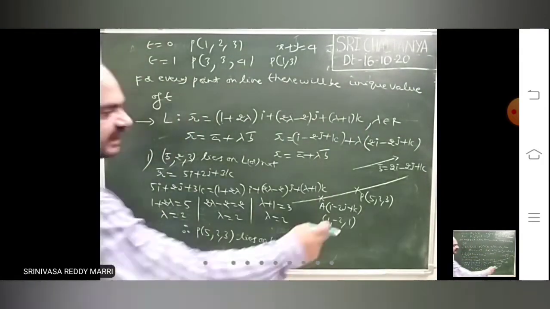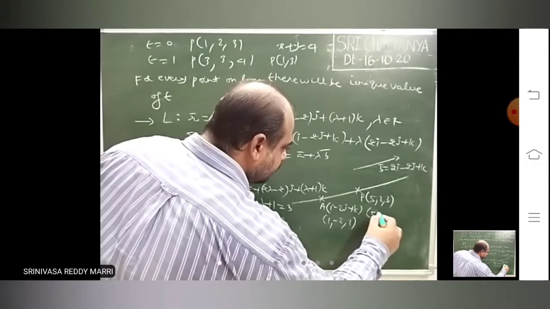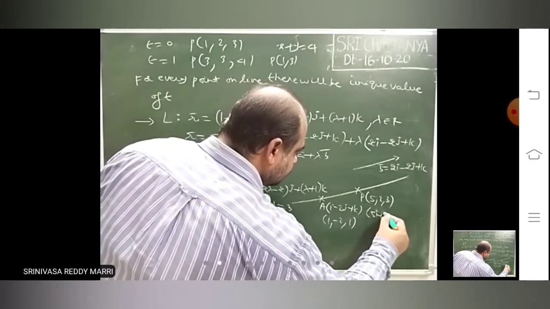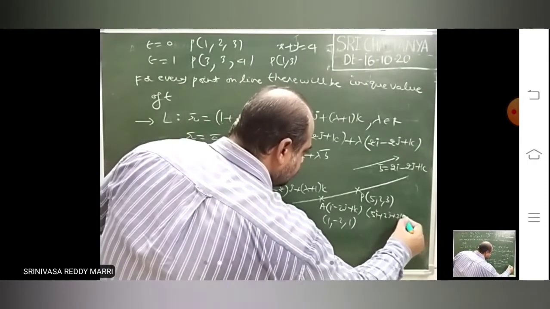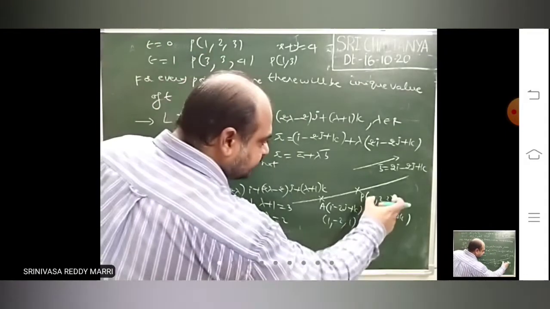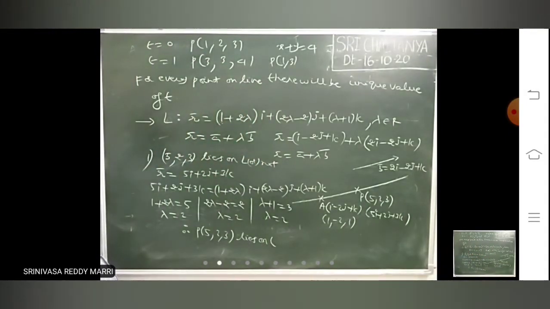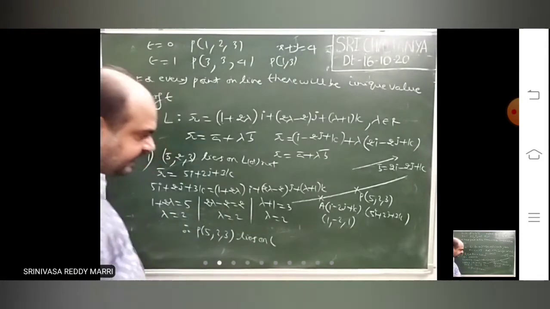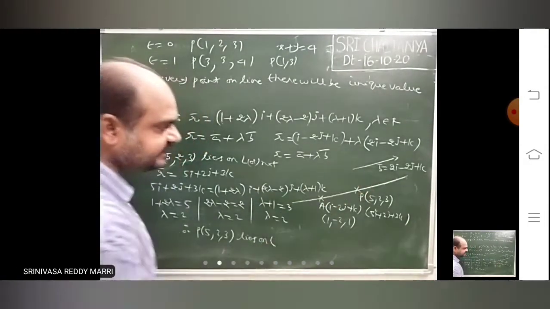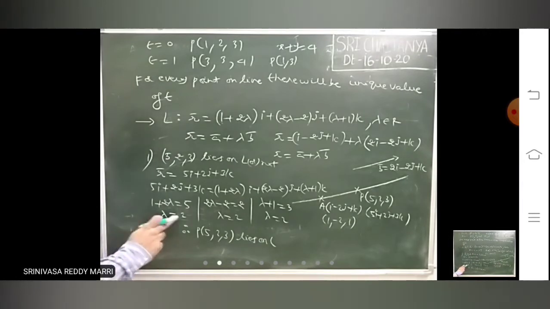That is the position vector of point P, that is nothing but our point. That means if you get the same value of lambda in 3 cases, that point lies on the line. Suppose you get different values, then that point will not lie on it.